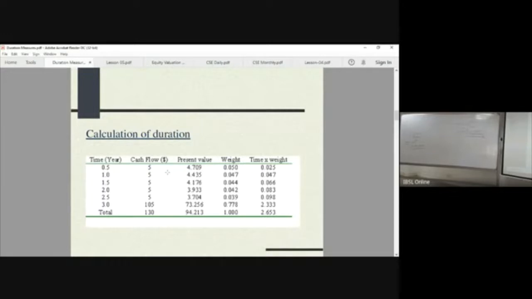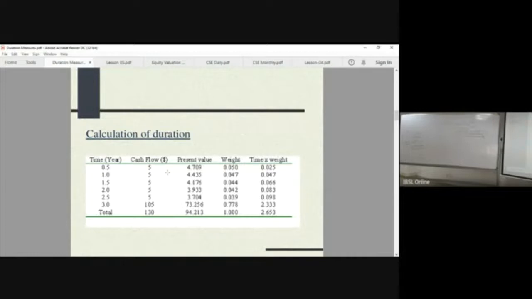So I will go to the last one and see. At the third year, or here it is 3, cash flow would be 105, not 5, because maturity proceeds also would be received.